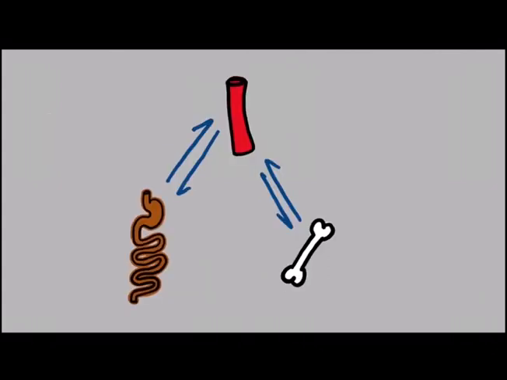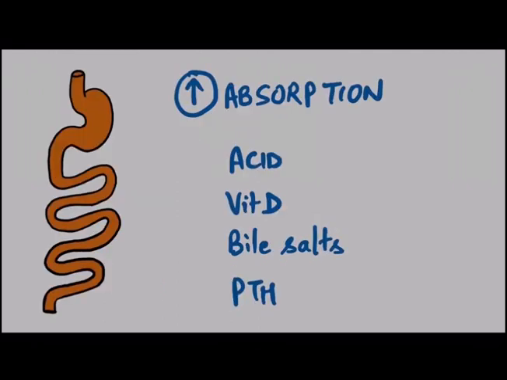The homeostasis of calcium and phosphate is dependent upon the gut and the bone, from which the calcium and phosphates are mobilized to the bloodstream. The absorption of calcium is increased by acid in the gut, vitamin D, bile salts, and PTH.